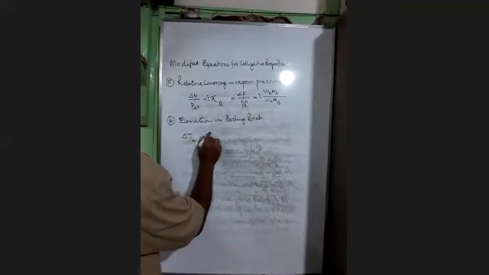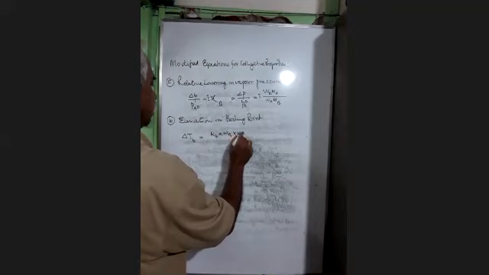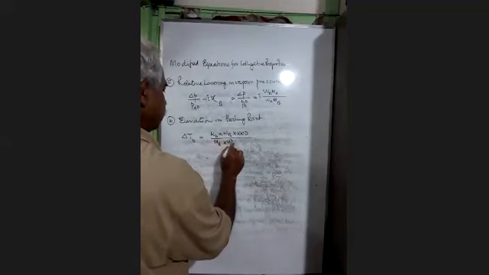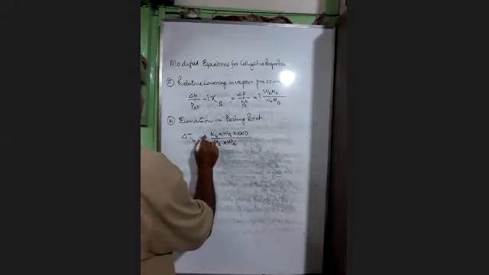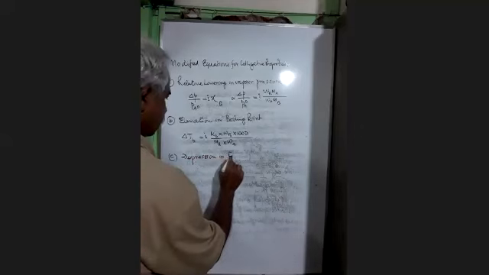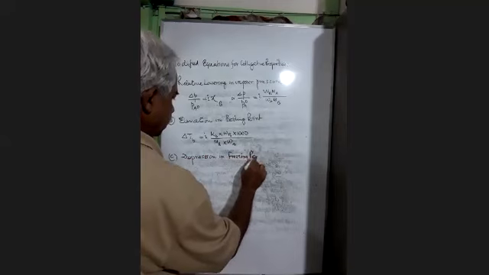Delta TB equal to KB into WB into 1000 divided by MB into WA. Here I put i. C. Depression in freezing point. Our original equation was delta TF equal to KF into WB into 1000 divided by MB into WA.